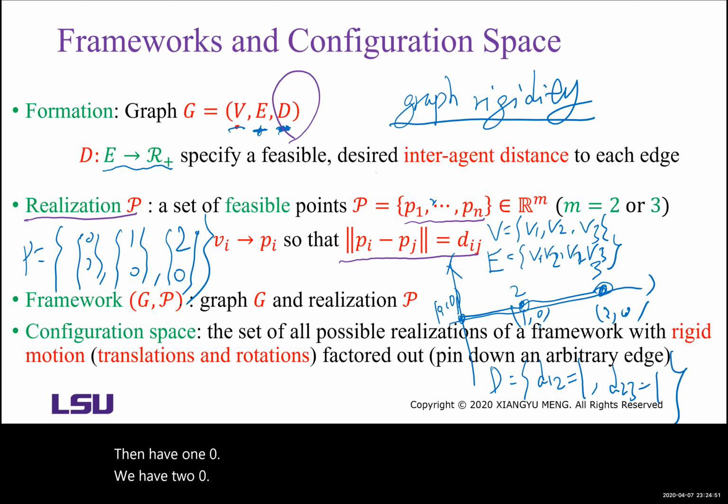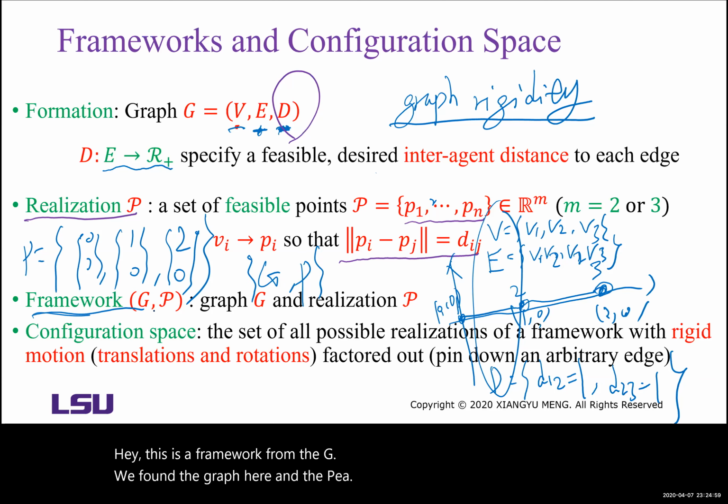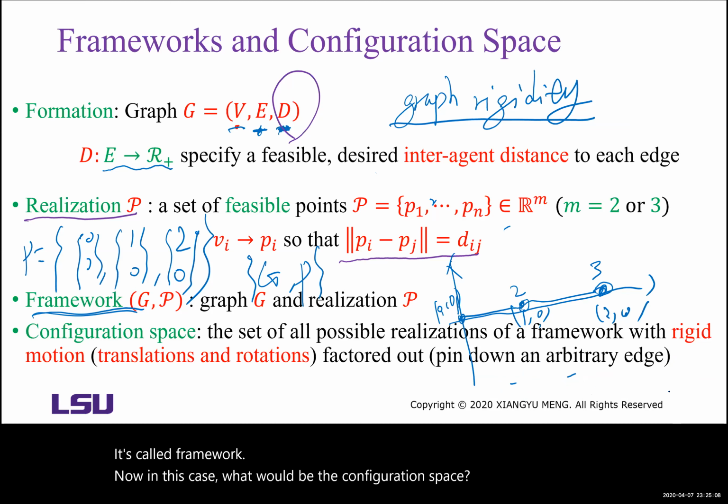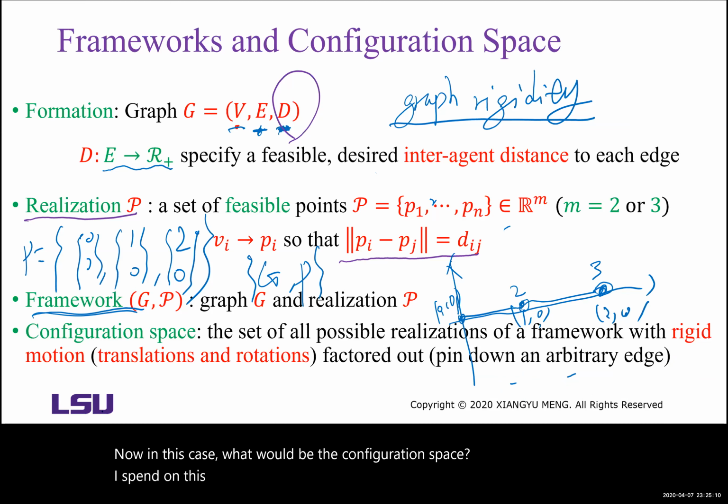Okay, so this is the framework. From the graph G we define here and the P, it's called a framework. Now, in this case, what will be the configuration space? Okay, let's pin down this edge. Let's fix this edge.